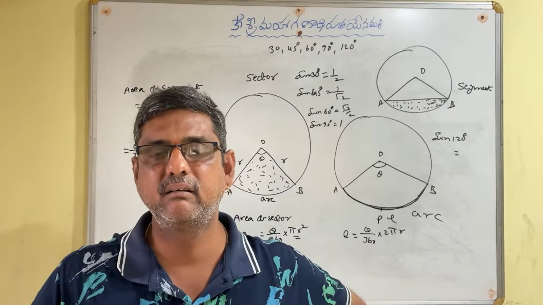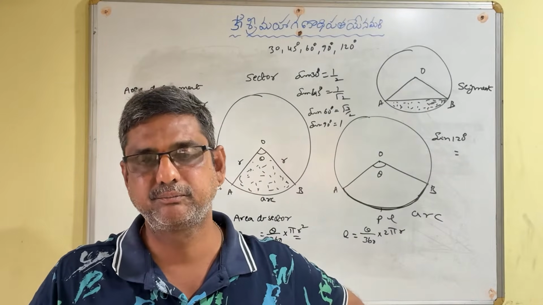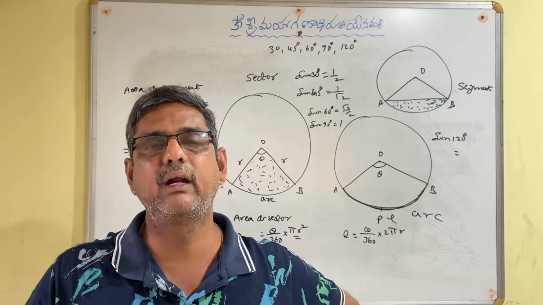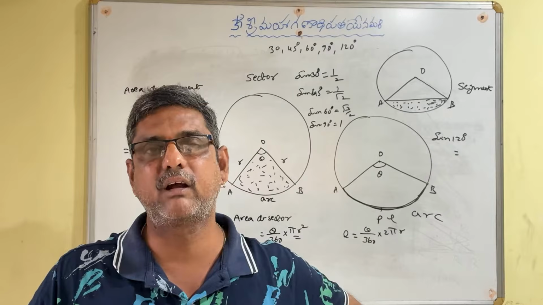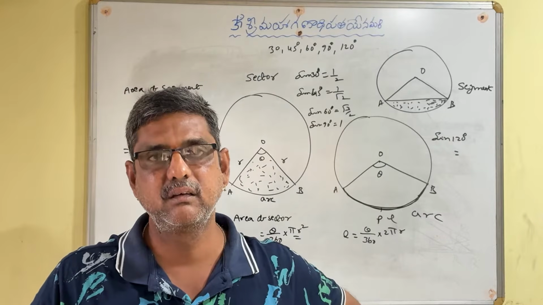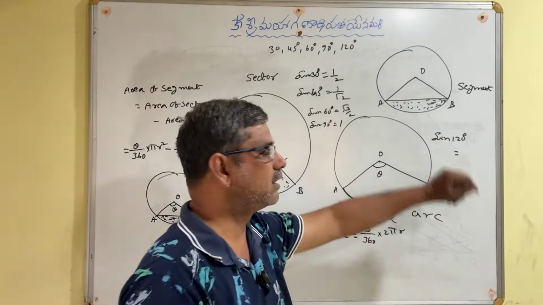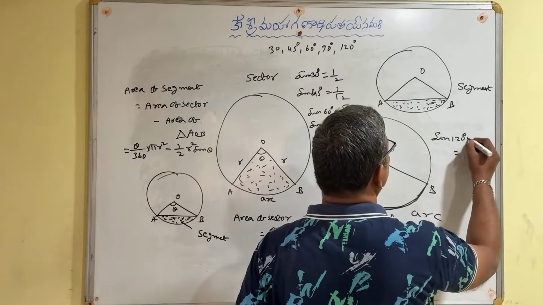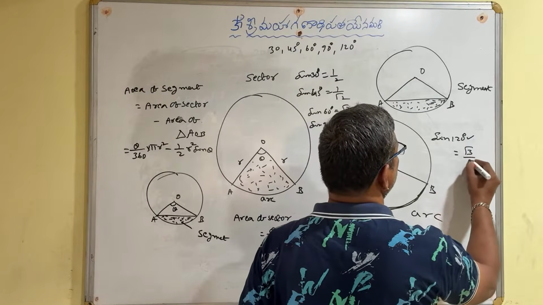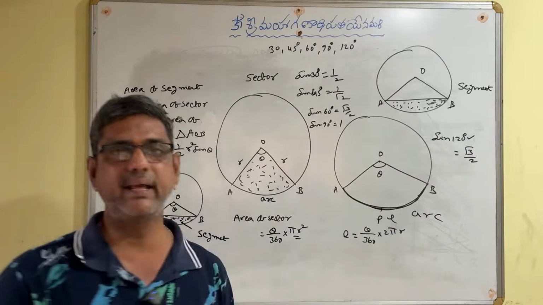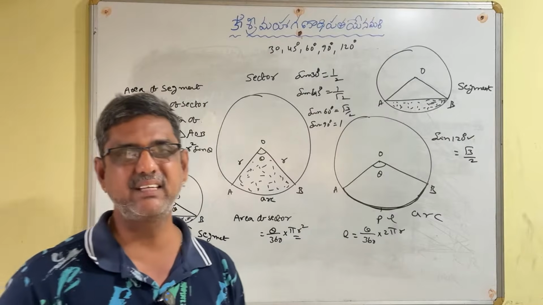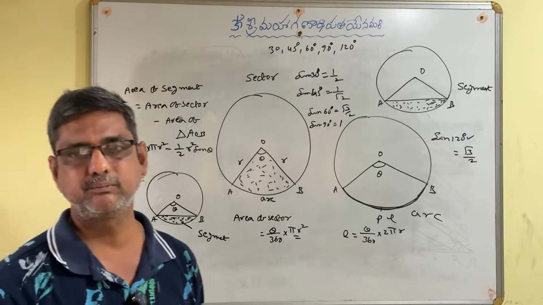In the CBSE syllabus, it is confined to only the first quadrant, from 0 to 90 degrees. But how to calculate sine 120 degrees? Children, no need to worry, just remember sine 120 is also root 3 by 2.